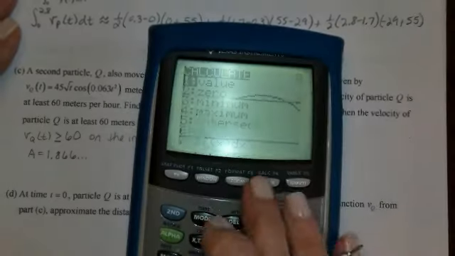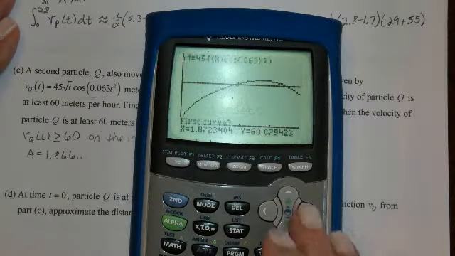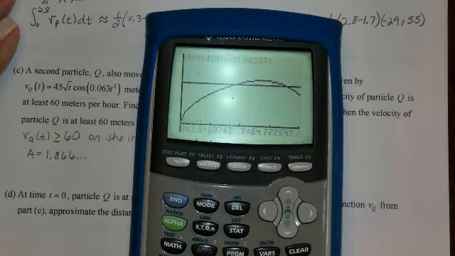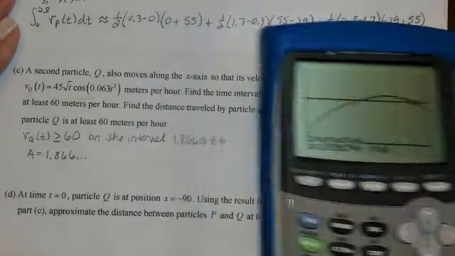Go get that second intersection point. Get a little bit closer over here, and then enter, enter, enter. So the second intersection point is at 3.519.